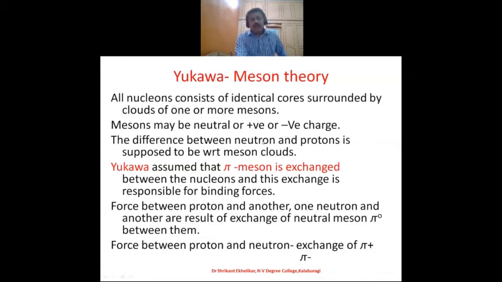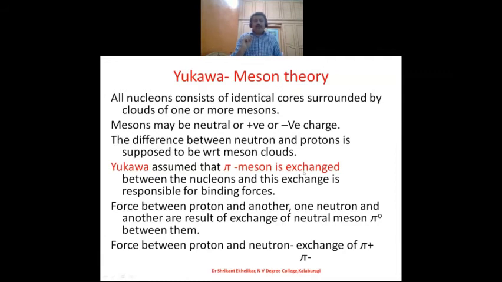The difference between a neutron and a proton is supposed to be with respect to the meson cloud. If the meson cloud inside the nucleus is positively charged, then it is a proton. If it is neutral, then it is a neutron. Yukawa assumed that the pi meson is exchanged between the nucleons, that is, the proton and neutron, which are the nucleons.